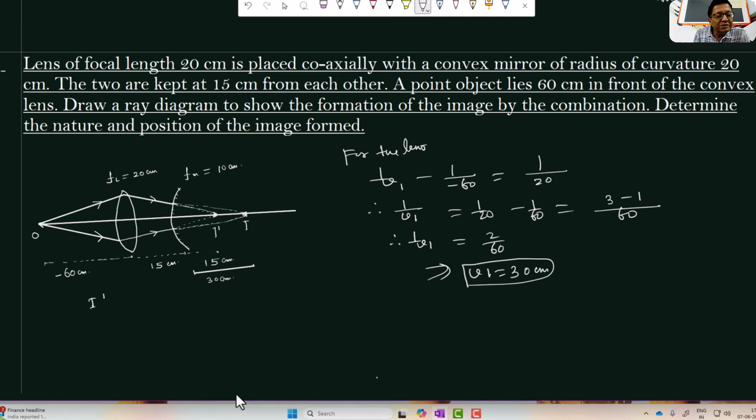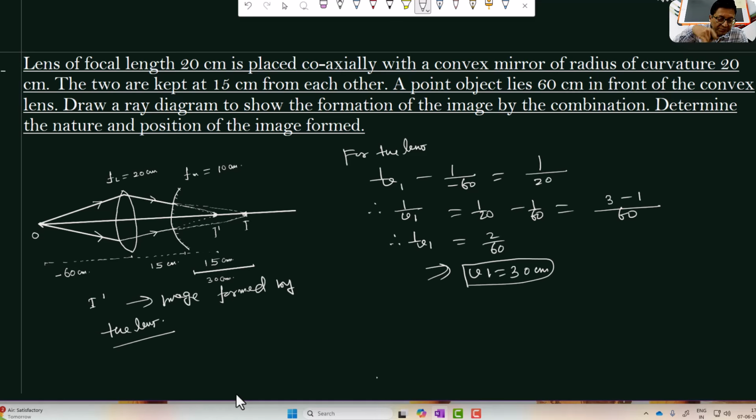For the lens, O is the object and I is the image. So the image formed by the lens, I dashed, is 15 centimeter from here. Now this is virtual, no? This mirror will not allow the ray to converge at the point I dashed.